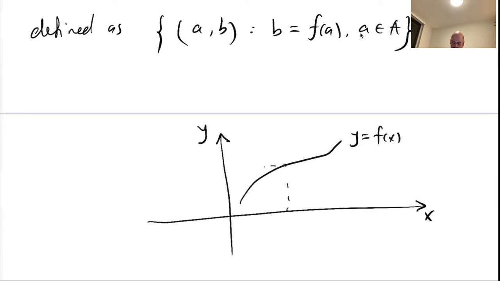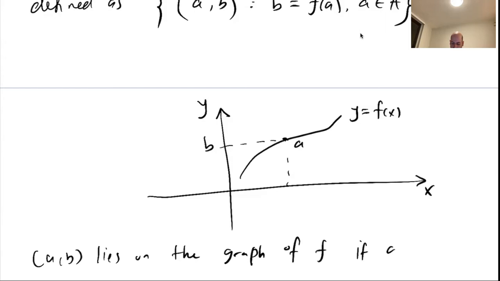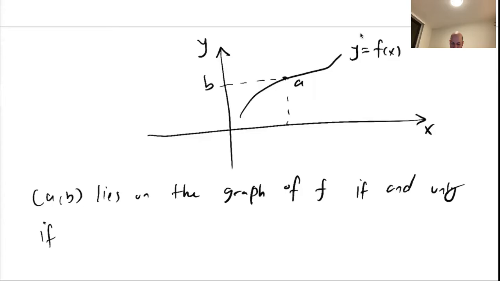And let's say we have a point, let's say (a, b) here. So then (a, b) lies on the graph of f if and only if b is equal to f of a.